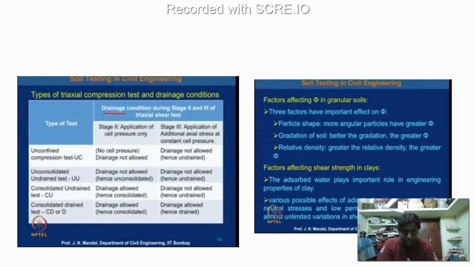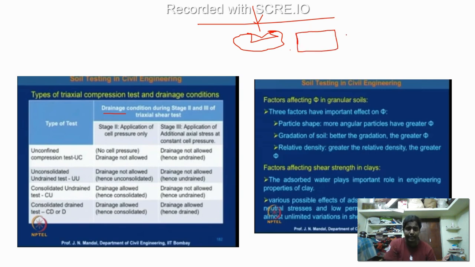Whereas in consolidation, you are going to apply a static load, not a dynamic load. Consider a field or ground condition where you are applying a load on a fully saturated clay soil.